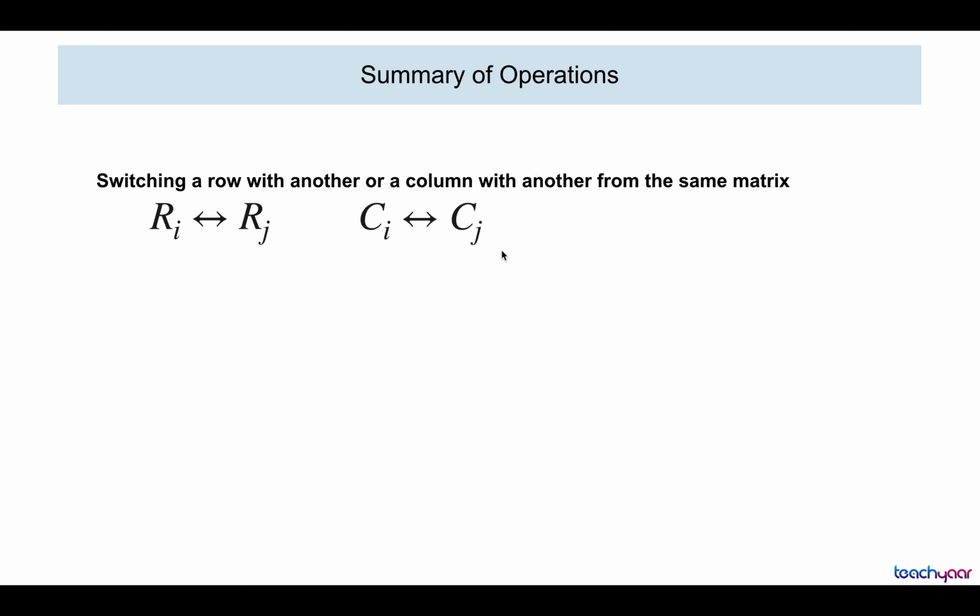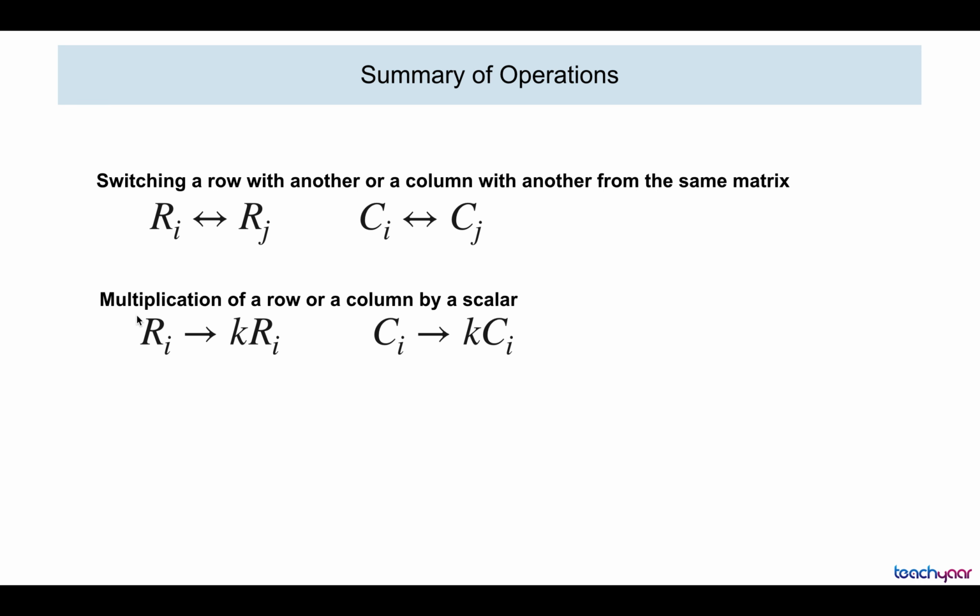So let's just refresh the 3 operations. The first is where you can switch a row with another or a column with another. The second is where you can take a row and multiply it by a scalar, or you can take a column and multiply it by a scalar.